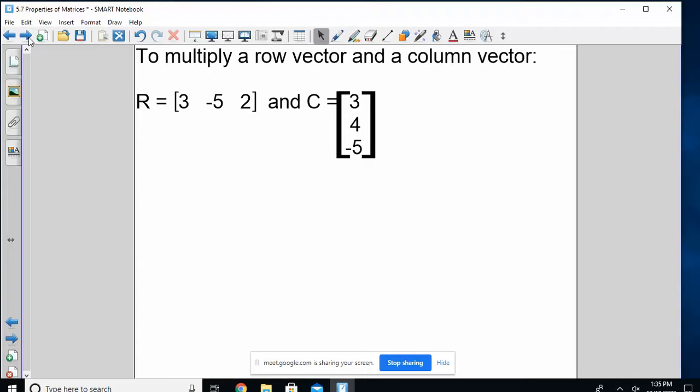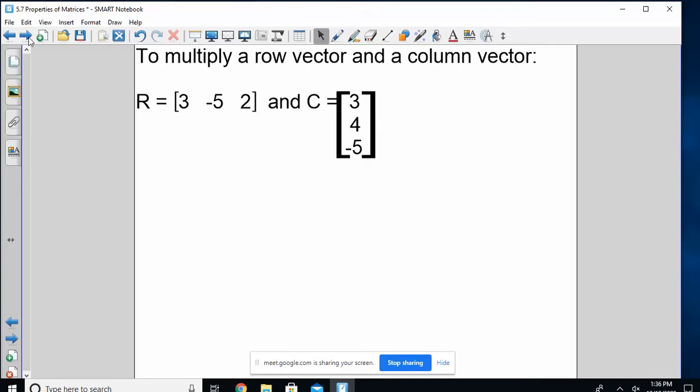So my row is 3, -5, 2. My column is 3, 4, -5. When I multiply those, I multiply corresponding pieces together and then add all those entries. So in other words, we're going to take the number in row 1 and column 1 and take the 3 times the 3.